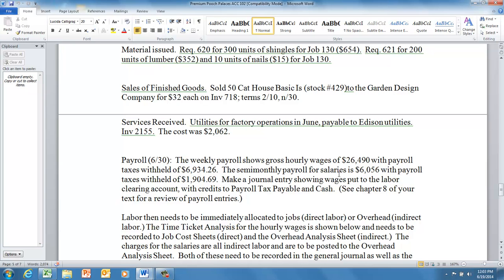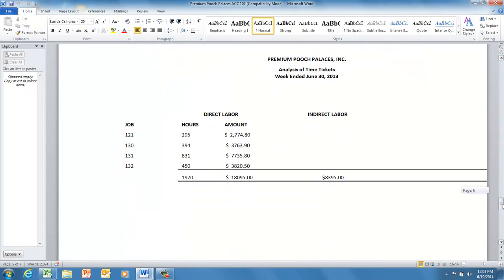Now the salaries of the $6,056 are for management people who aren't working exactly on the dog houses, so that is automatically going to be indirect labor, all of it. But for the $26,490, part of that is direct labor, $18,095, and part of it is indirect labor.